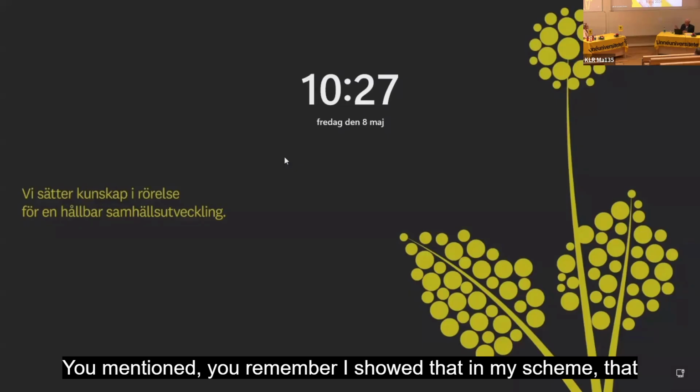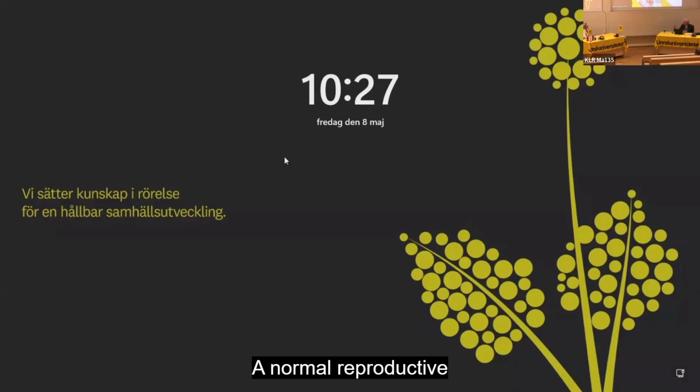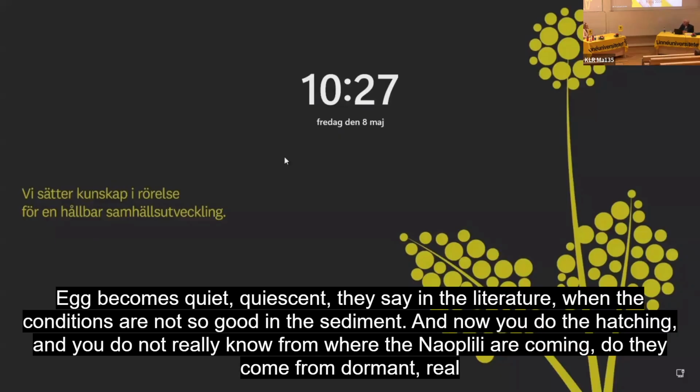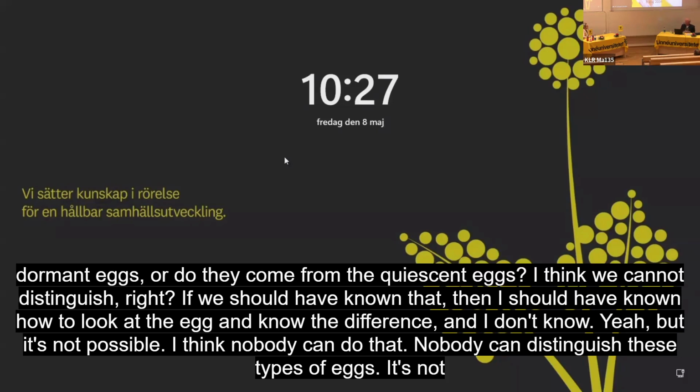You remember I showed in my scheme that a normal reproductive egg becomes quiescent, they say in the literature, when the conditions in the sediment are not so good. And now you do the hatching, and you do not really know where the nauplii are coming from. Do they come from real dormant eggs, or from quiescent eggs?